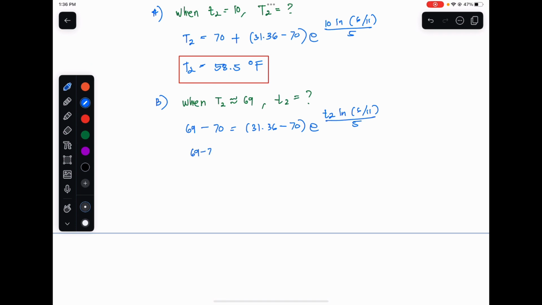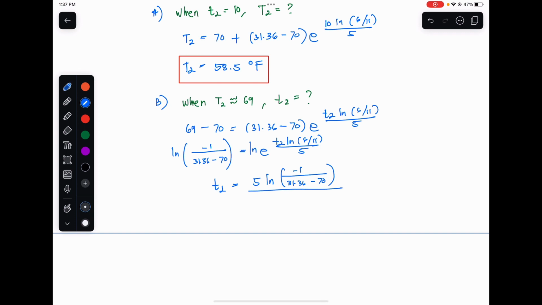So negative 1 over 31.36 minus 70 is equal to e raised to T2 times ln of 6 over 11 divided by 5. Take ln of both sides, so T2 will be 5 ln of negative 1 over 31.36 minus 70, divided by ln of 6 over 11.